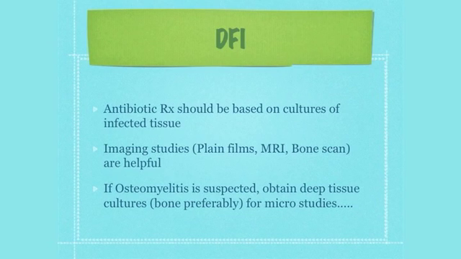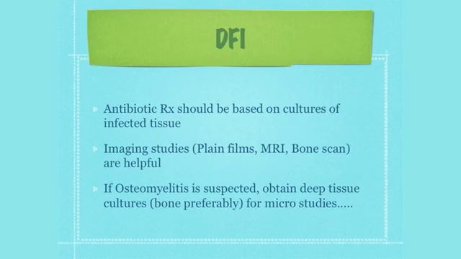Antibiotics should be based on the cultures obtained from the wounds. Imaging studies such as plain films, MRI, and bone scans can help you figure out if this is just a superficial infection or if there is any worrisome scenario for osteomyelitis. If osteomyelitis is suspected, we always recommend deep tissue samples be obtained, bone preferably.